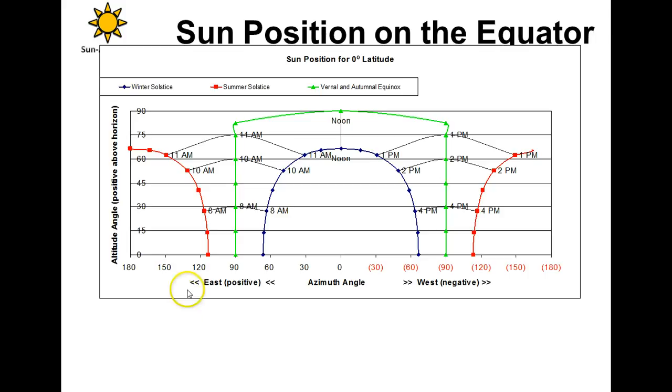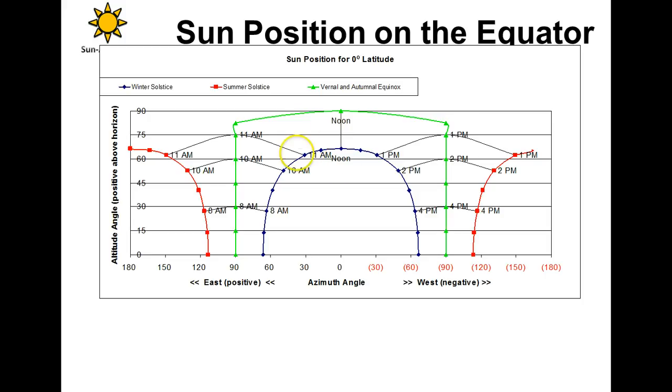To review, the left axis or y-axis shows the sun's altitude at different times of the day. The bottom axis or x-axis shows the sun's azimuth angle in degrees. For example, again, on the equinox at 12 noon, where will the sun be?